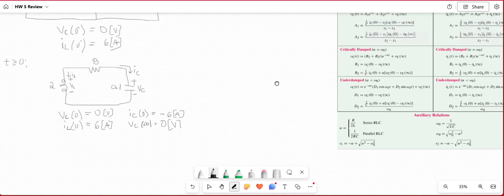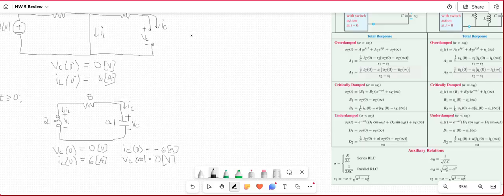So now let's look at the equation. VC of t equals e to the negative alpha t times D1 cosine WD t plus D2 sine WD t, plus VC of infinity. Oh yeah, we're gonna need WD as well.